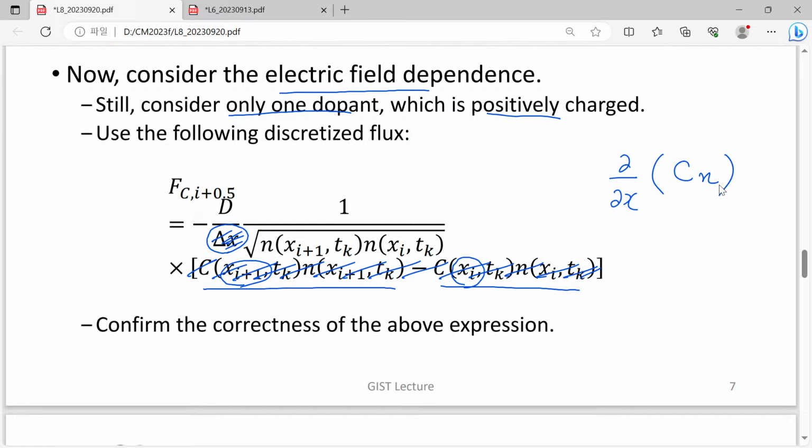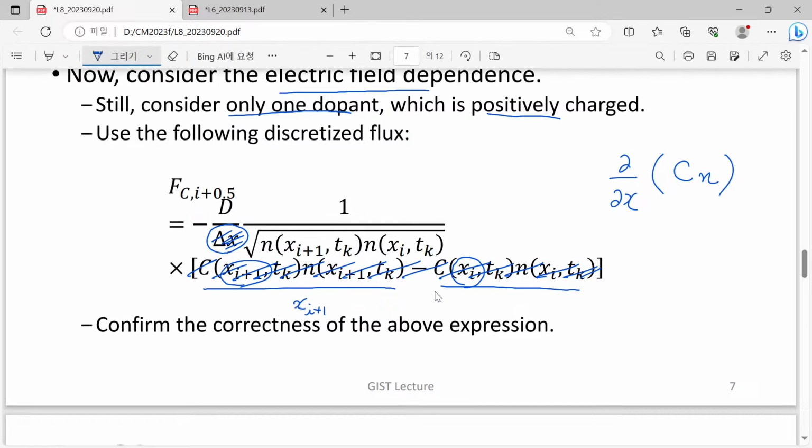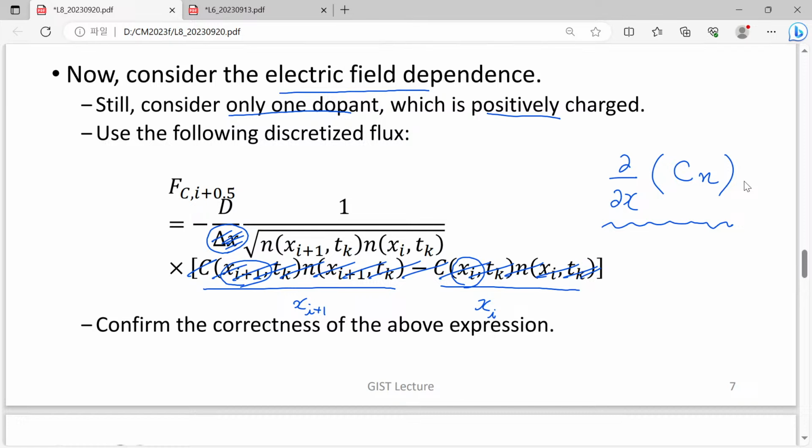Are you with me? So 1 over delta x times c n evaluated at x sub i plus 1 and c n evaluated at x sub i. That corresponds to the real space discretization of this real space derivative.